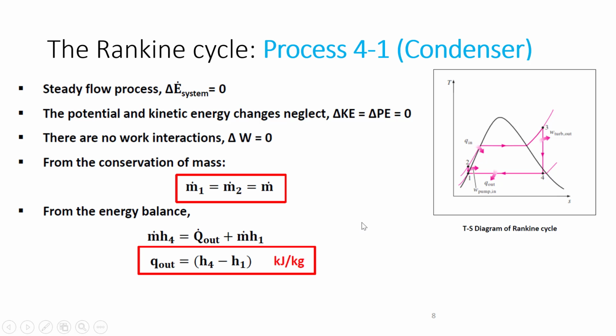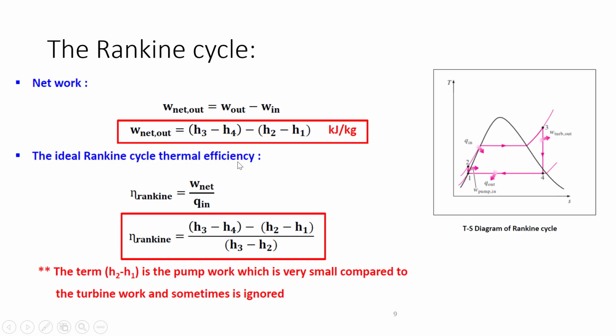So please remember. Okay, alright. So what is the net work? Net work is work out minus work in. Work out is the work from the turbine, and work in is the work from the pump. For work out we have H3, H4, and here H1, H2.